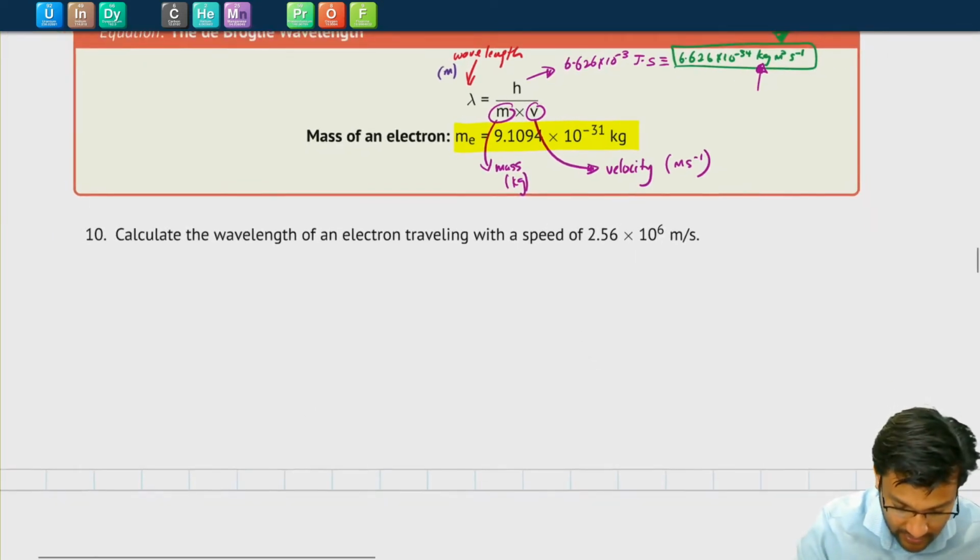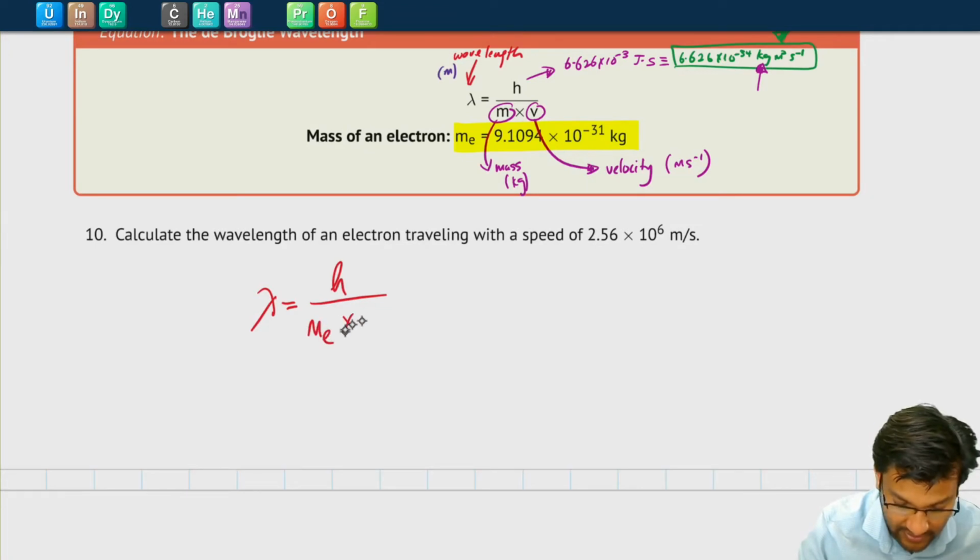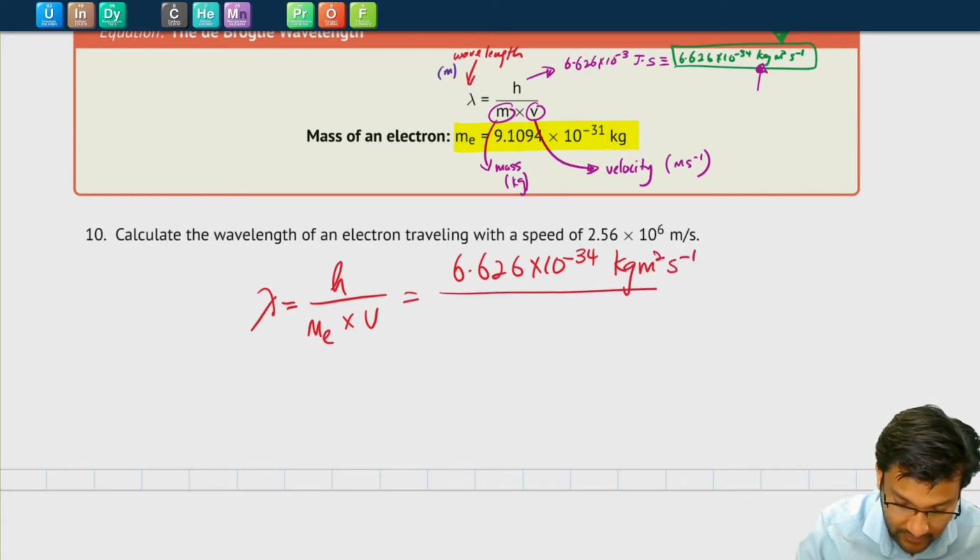Okay, so we talked about how the de Broglie wavelength is equal to h divided by the mass times the velocity. In this case, it's an electron, so it'll be the mass of the electron times the velocity of the electron. H we know is 6.626 by 10 to the minus 34. We'll use the units of kilograms meter squared per second, right?